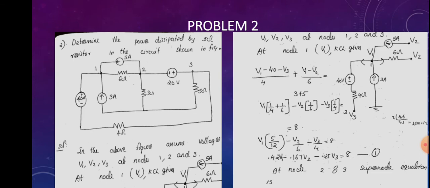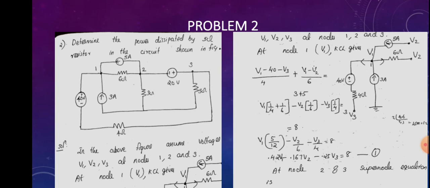So V3 will be there at one terminal of 4 ohm. And similarly, when we are drawing the 6 ohm resistor, one end is connected to node 1 and other end is connected to node 2. So there will be V1 and V2 for 6 ohm resistor, and if 5 ampere is connected to node 1 and node 2, since it is a current source, there is no meaning of accounting V1 and V2. And this is all about node 1.